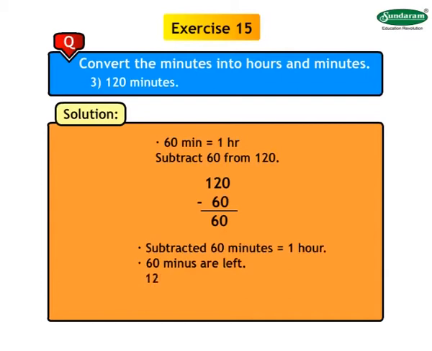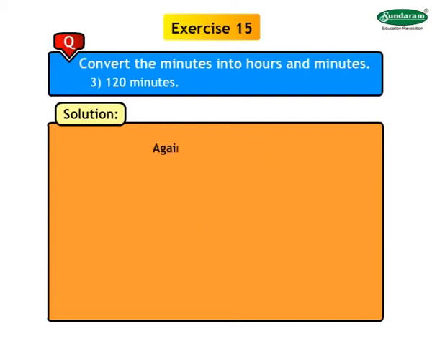Therefore, 120 minutes is equal to 1 hour 60 minutes. But again, 60 minutes is equal to 1 hour. Therefore, 120 minutes is equal to 1 hour plus 1 hour. Answer is 120 minutes is equal to 2 hours.